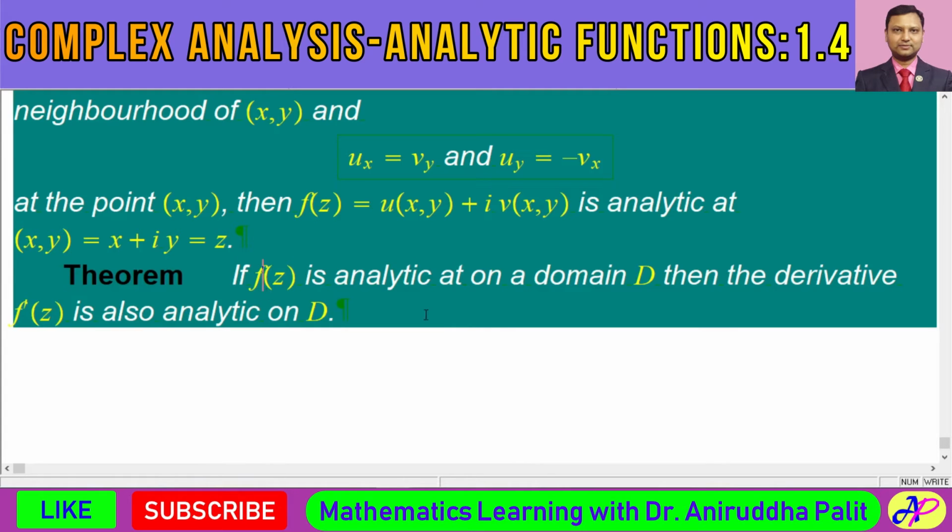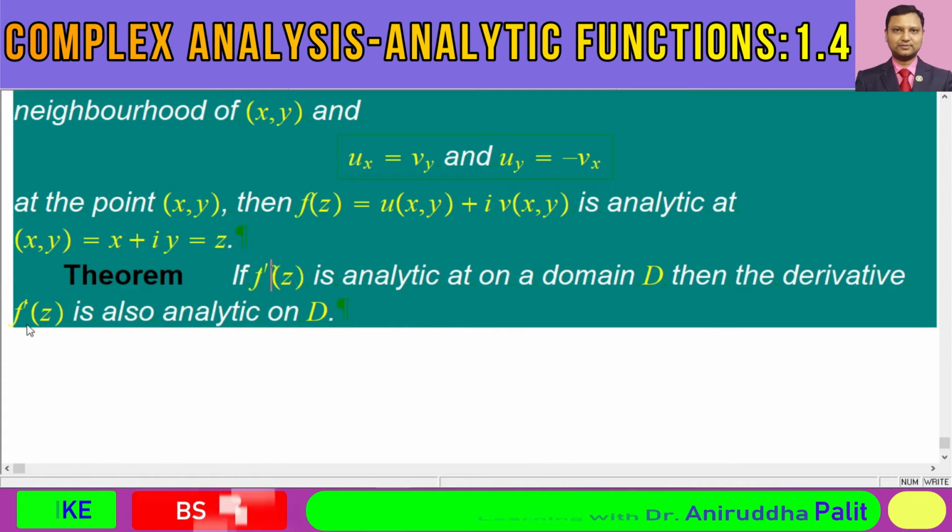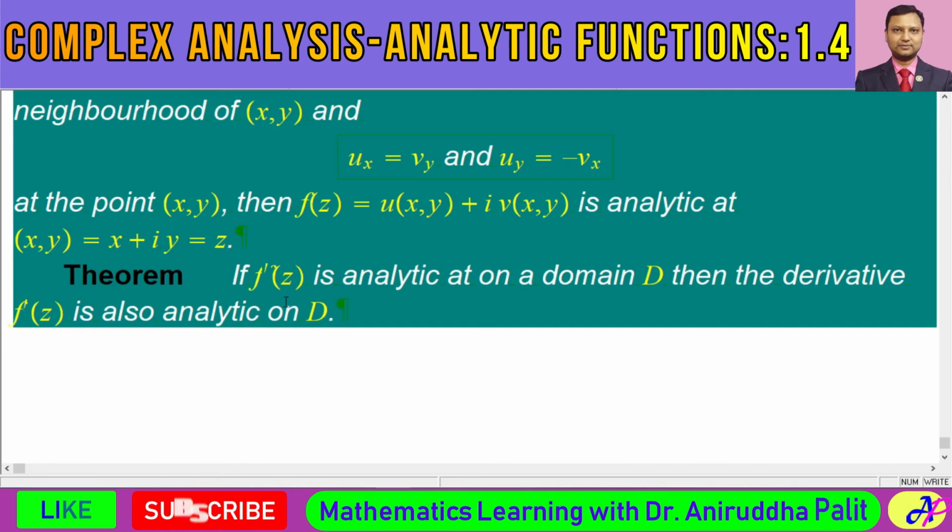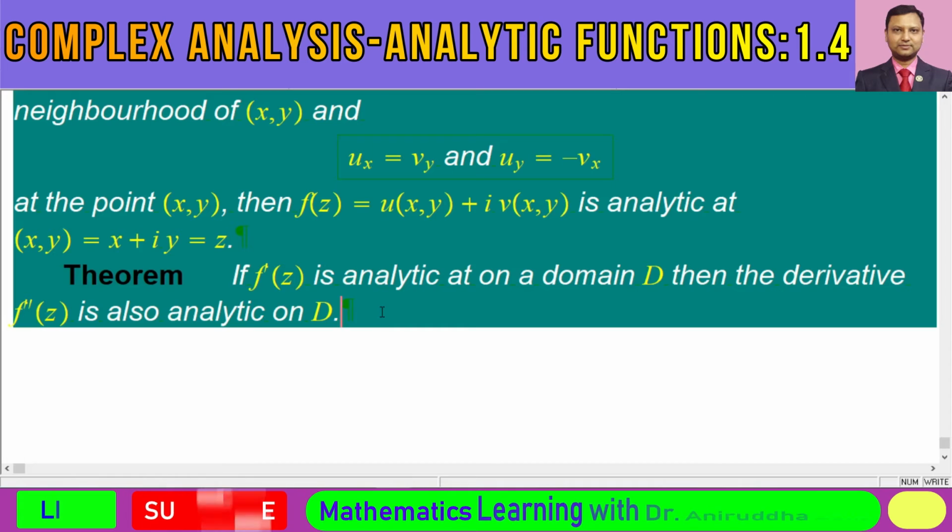That means if f dash z is analytic, then its derivative, that means f double dash z, should also be analytic, and we can continue this technique for any positive integer.